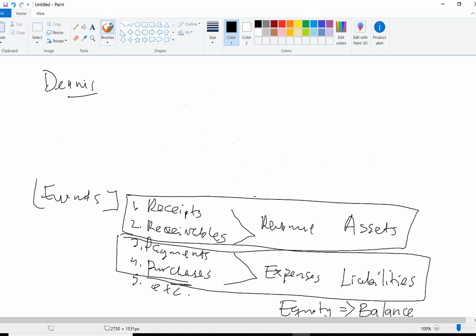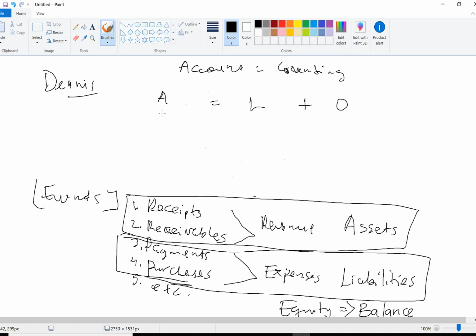So now let's talk about account. Account is counting. So we're gonna have account: asset is equal to liability plus owner's equity.